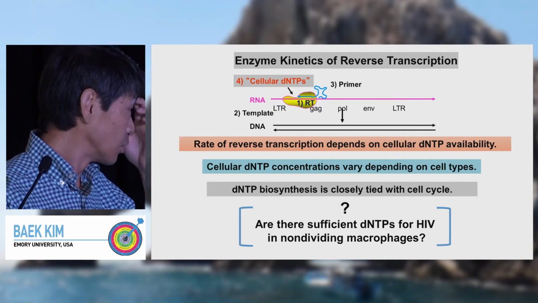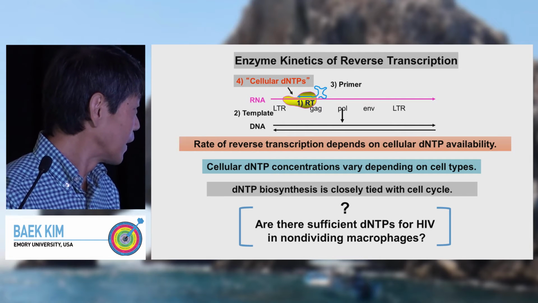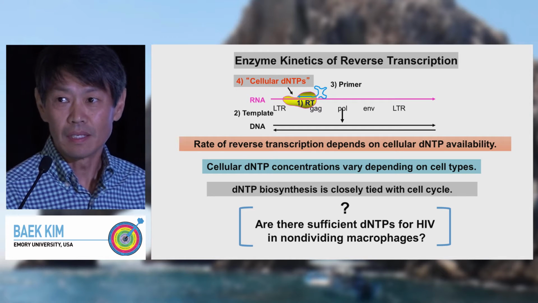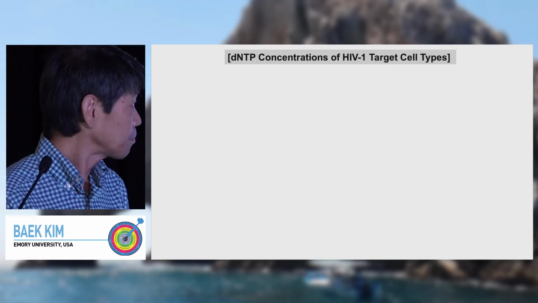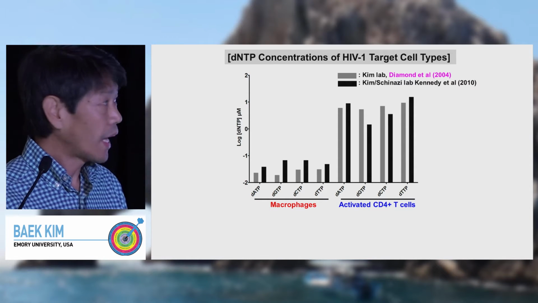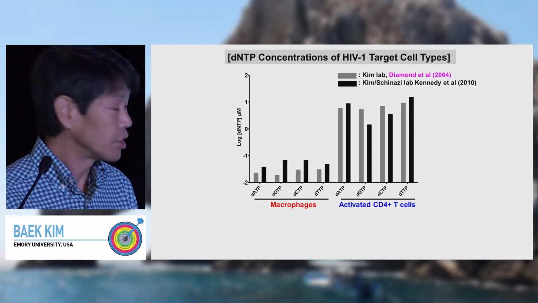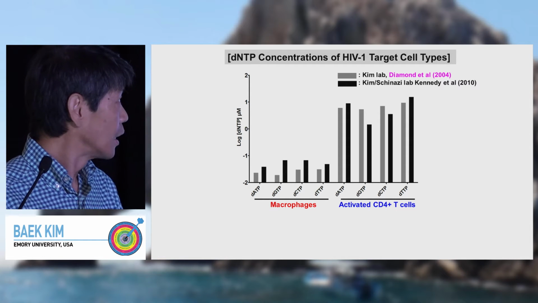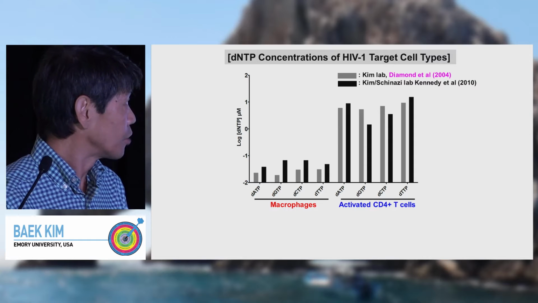So about 12 years ago from today, we asked whether there is sufficient dNTP in a non-dividing, terminally differentiated primary cell. My student, Tracy Diamond, developed an assay that allowed us to determine the concentration of dNTP in activated CD4 T cells and macrophages, and we also confirmed it through collaboration with the Schinazi group.